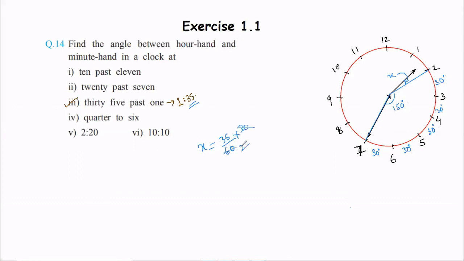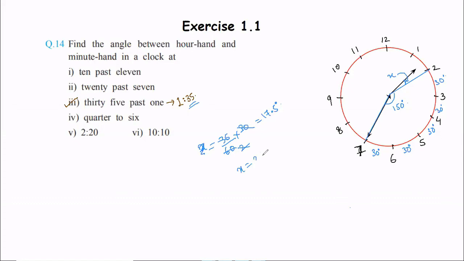If we cancel it further, on cancellation we get 17.5 degrees. We are not adding 17.5 over here. This is something we need to subtract from 30, and that will be x. This is not x.